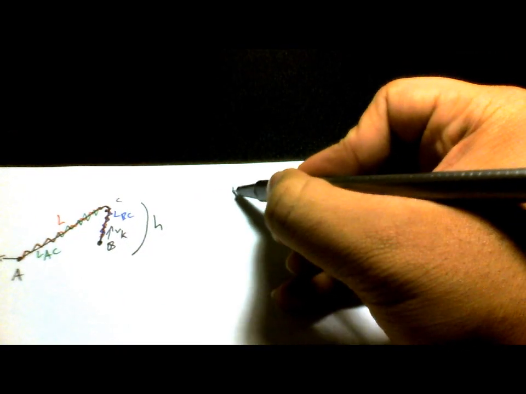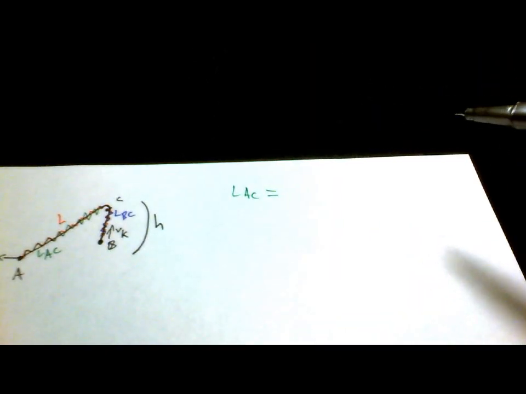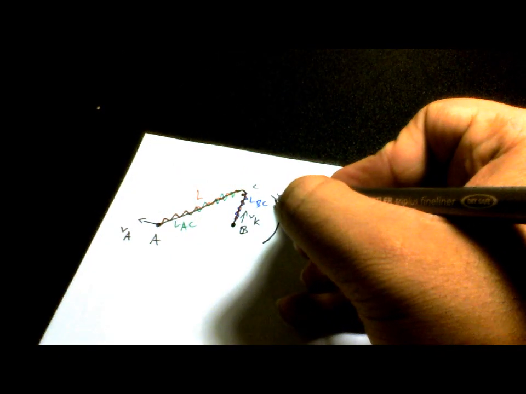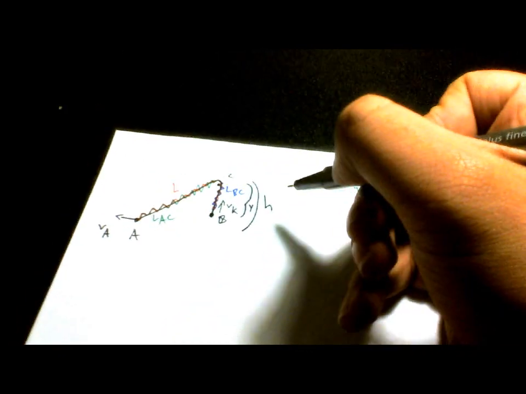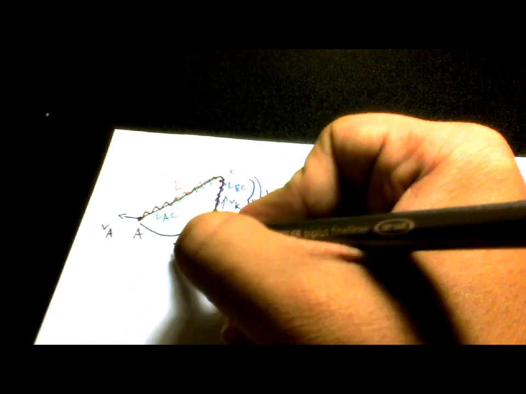So let's get started. The length of AC is, now, if you look at this, I forgot to label X and Y. Y is the height of this rope here, and X is this distance here.